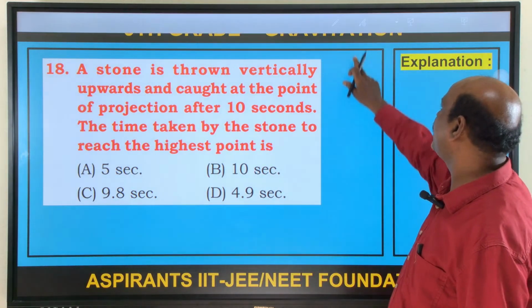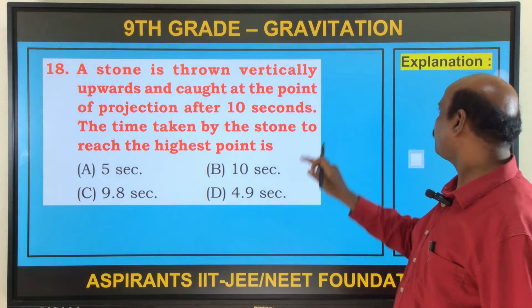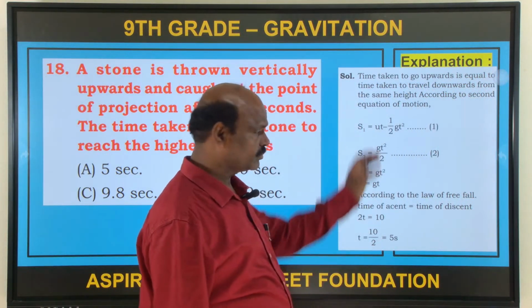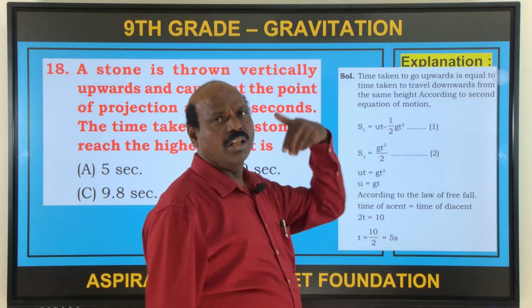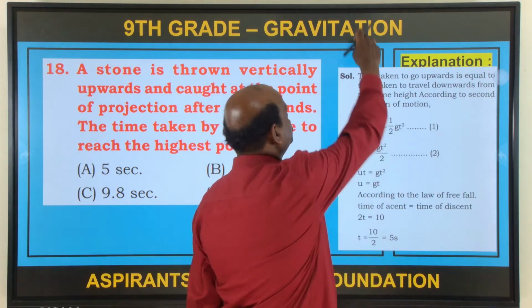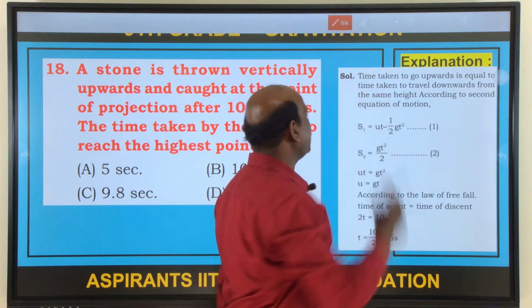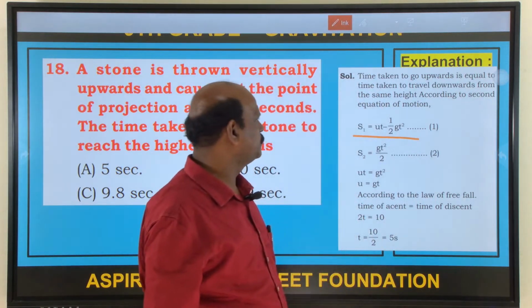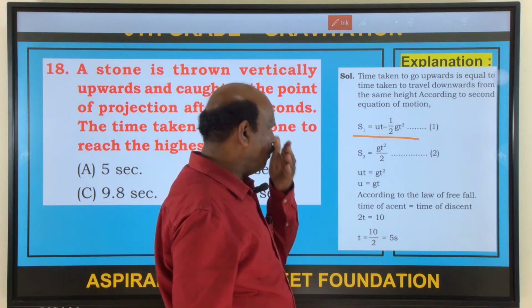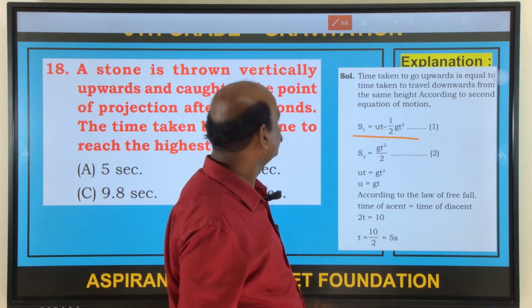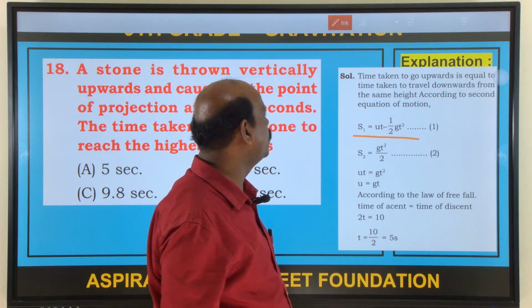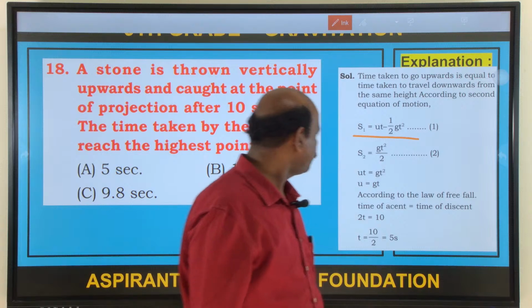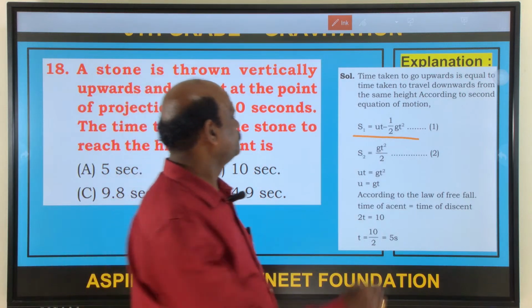So here, according to our formula, the maximum height reached by the body is given by S is equal to ut minus half g t squared.